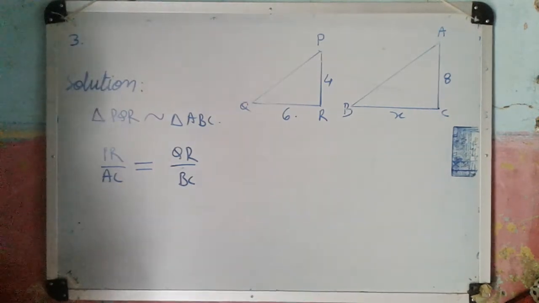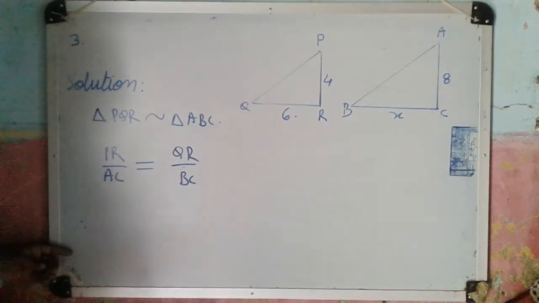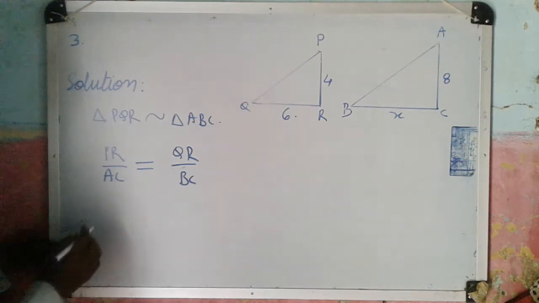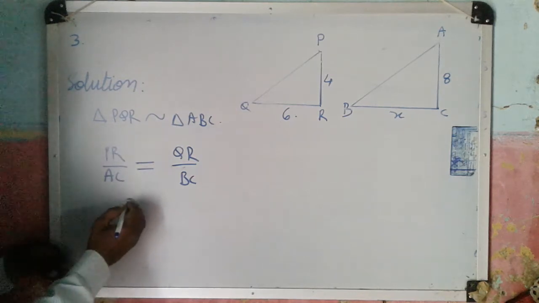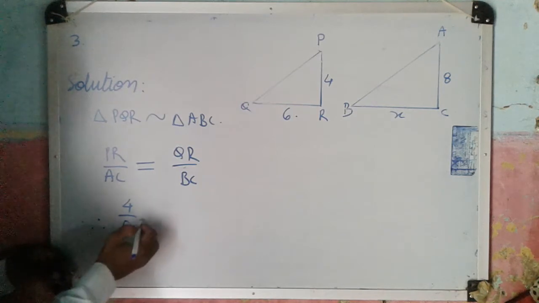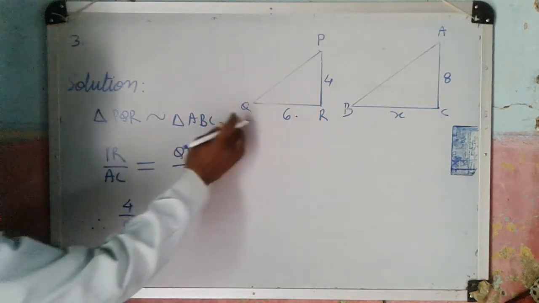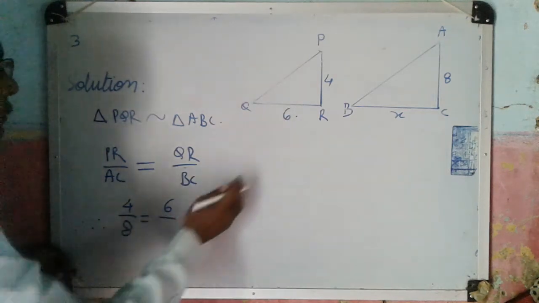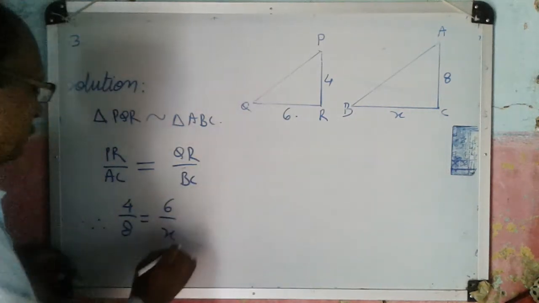Now put the given values here. PR is given 4 upon AC is given 8 is equal to QR is 6 upon BC is x.